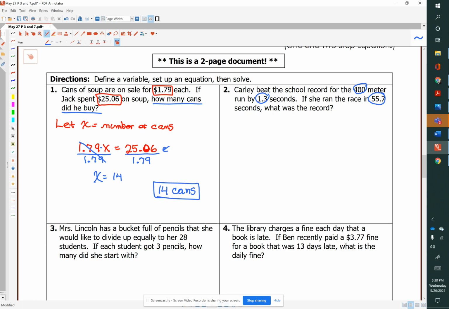The 400 refers to the type of race. That number is not important to our problem. Let's just think she ran a race. That's all we need to think about with that. Now, she ran it faster than someone else who held the record.